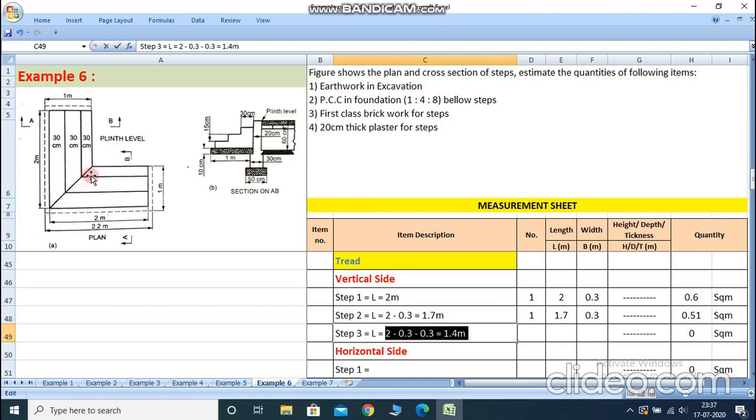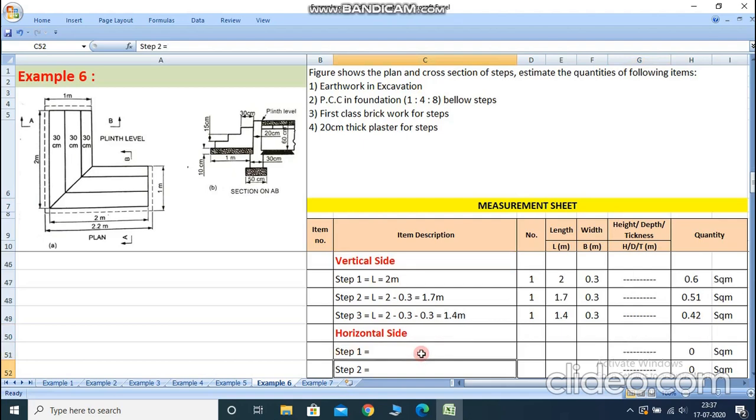See this cursor point, for this portion we calculated plaster work. So 2 minus 0.3 minus 0.3 is equal to 1.4 meter. Right here the number is 1, length is 1.4 meter and width is 0.3. So the total quantity for step 3 is 0.42 meter square.